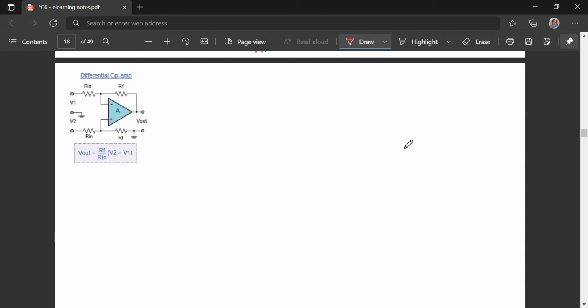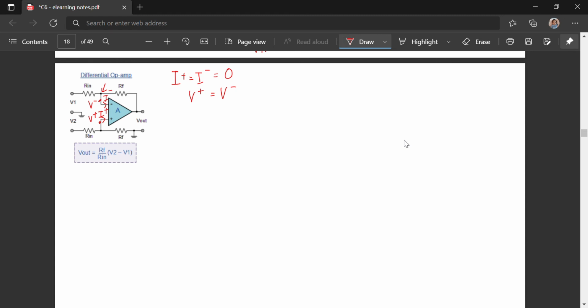Next, we have the differential op-amp. Here is I minus and here is I plus, so here is V minus and V plus. For our case, we take the ideal case: I plus equals I minus equals 0 and V plus equals V minus. We take the KCL first.